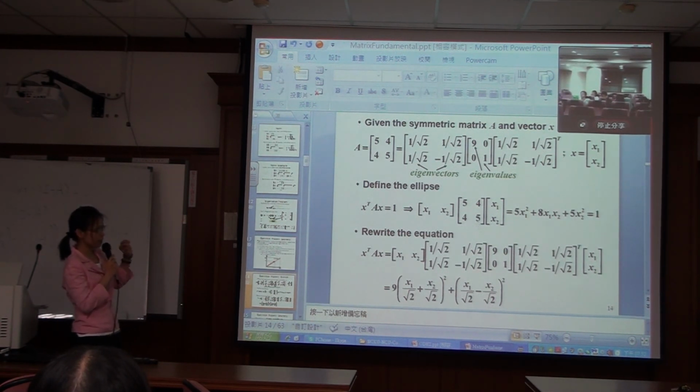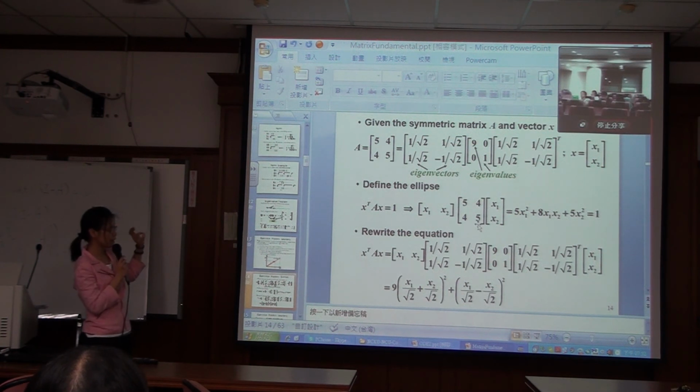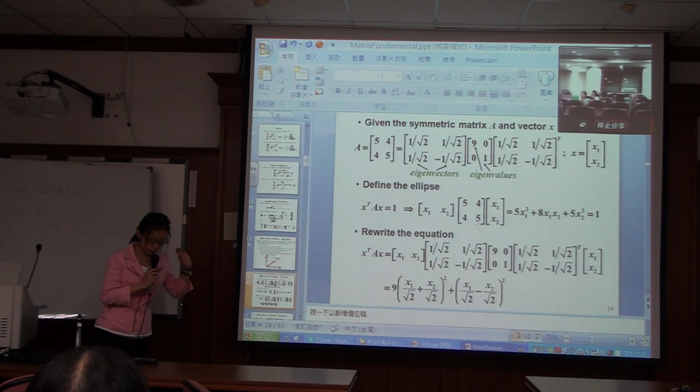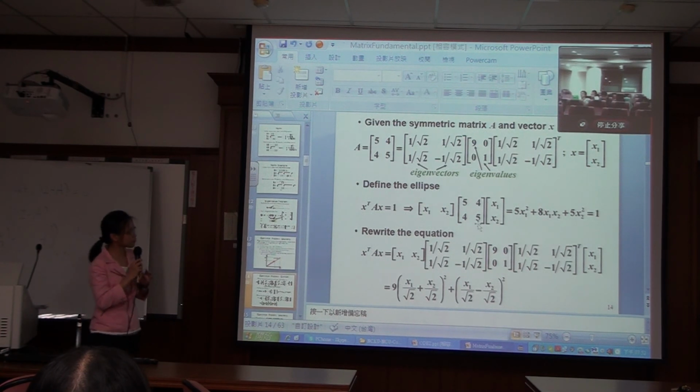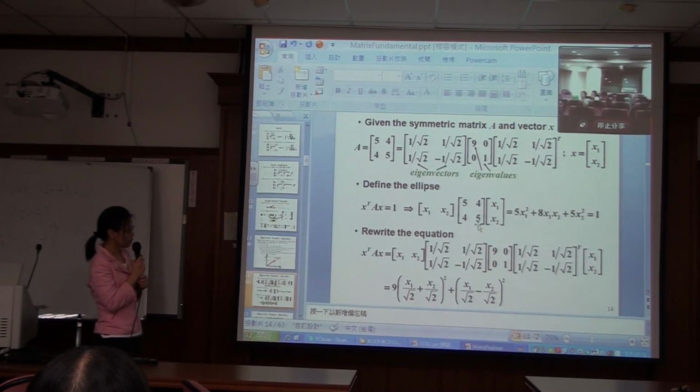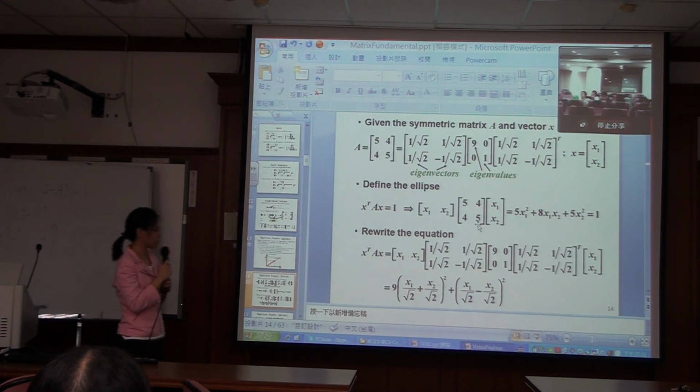Therefore, the diagonalization means that A can be expressed as P D P transpose.